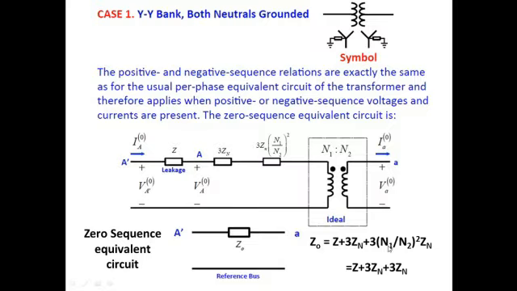And if the turns ratio N1 by N2 is 1, then we will have Z plus 3Zn plus 3Zn. This case is for when both connections are YY and the neutrals are grounded. So the simple equivalent circuit will look like this, and the impedance will be equal to Z plus 3Zn plus 3Zn.